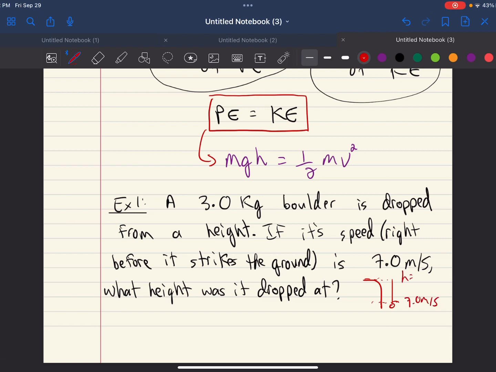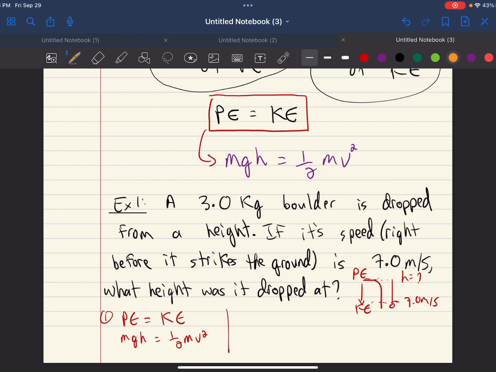Okay, so what is the height here? Well, we know that it basically goes from potential energy to kinetic energy. So when we write our equation, potential energy is equal to kinetic energy, and then we write the formulas. mgh is equal to half mv squared. All we really got to do is sub in the information that's been given to us.